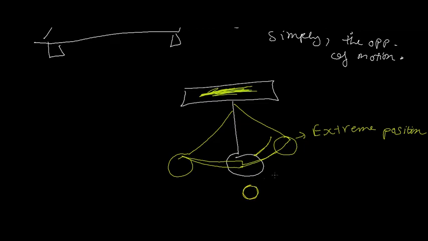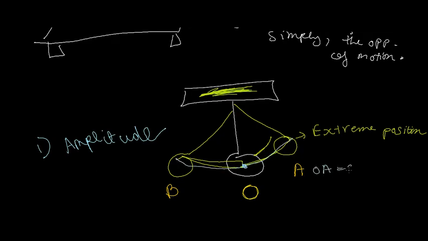This is O, this is A, and this is B. Now the first term we define is amplitude. The distance from O to A or O to B, which is equal, is known as its amplitude. The position O when the thread makes a right angle with the rod is known as its mean position.